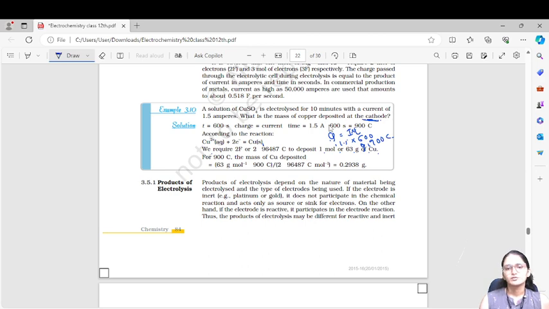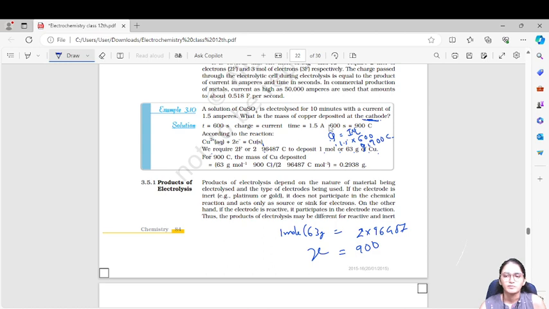We require 2 Faraday, that is 2 into 96487 coulombs, to deposit 1 mole or 63 grams of copper. For 900 coulombs, how much mass will be deposited?